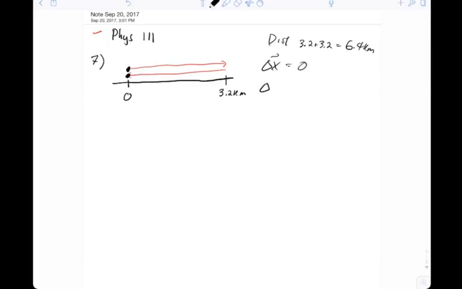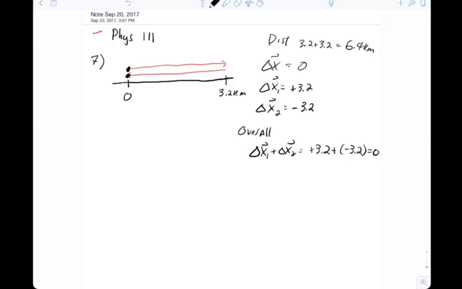The way to see this, though, is to go, okay, so the first jaunt is plus 3.2, and the second jaunt is back home, it's minus 3.2. So the overall displacement is going to be the first one plus the second one, which is plus 3.2 plus minus 3.2, which is 0. So there's a couple different ways to explain it.